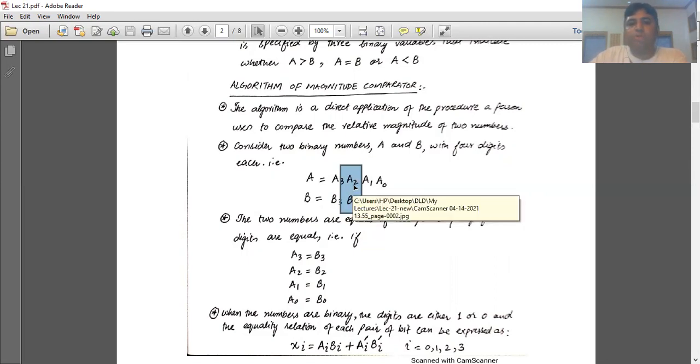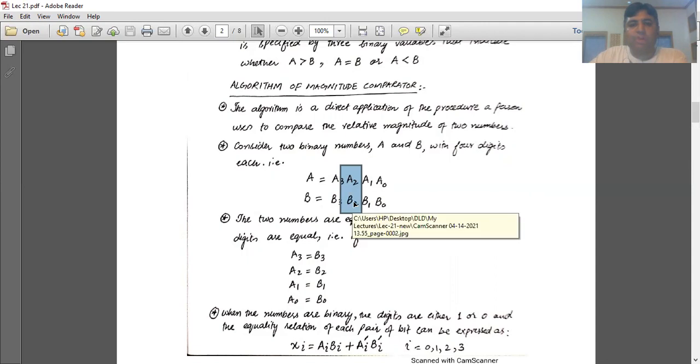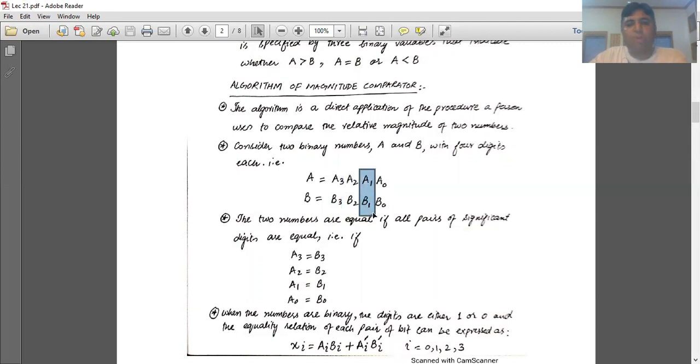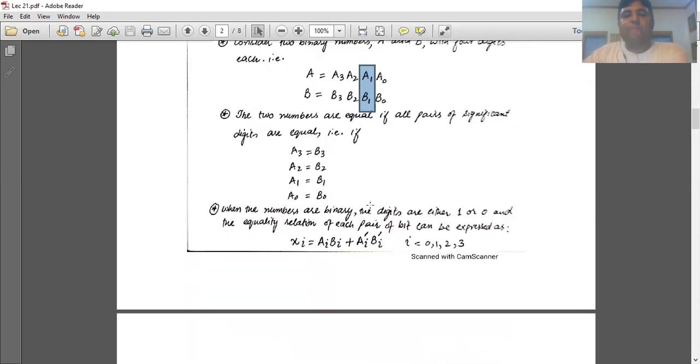If A2 is 1 and B2 is 0, then A is greater than B. If B2 is 1, A2 is 0, then B is greater than A. Or if A2 and B2 are equal, then you go to the next significant bit, A1, B1, and you repeat the same procedure of comparing these two until you get a pair which is not equal. And if they are not equal, then if you have 1 at A and 0 at B, then A is greater than B. Or if you have 1 at B and 0 at A, then B is greater than A.